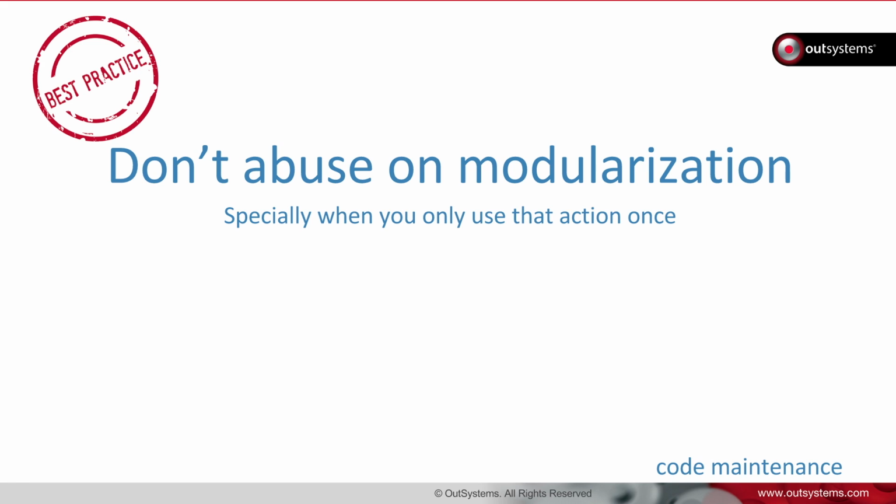So the best practice is don't abuse modularization, especially when you only use that action once. Now here we are using the term modularization as the generic IT term of placing or restricting the scope of complexity in multiple nested modules, not in the OutSystems term of modules as equivalents of e-spaces. So don't abuse modularization.